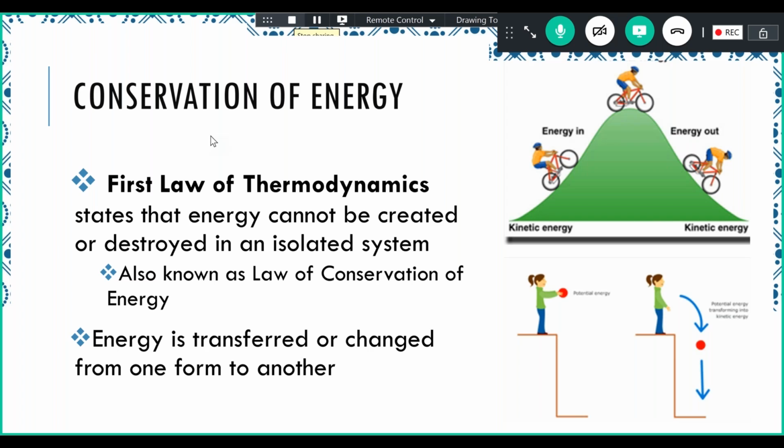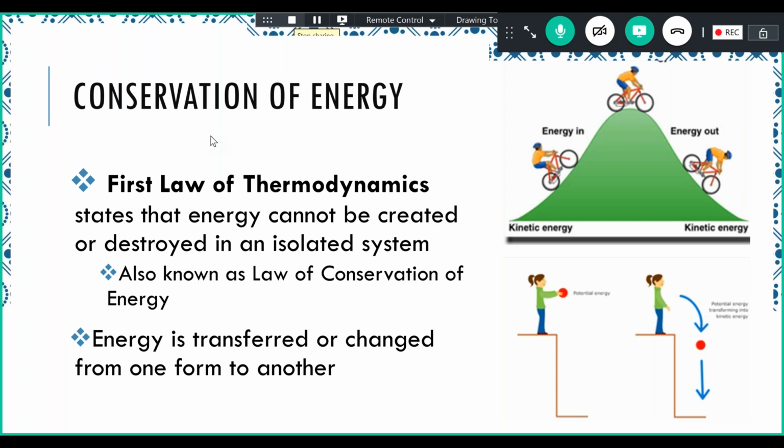I'm sorry for the haziness or blurriness for some of these images, but on the right-hand side, if we look at the biker going up the hill, at the bottom the biker is moving on ground level, and so the biker has kinetic energy. But as it's going up the hill, the kinetic energy is getting converted into potential energy.